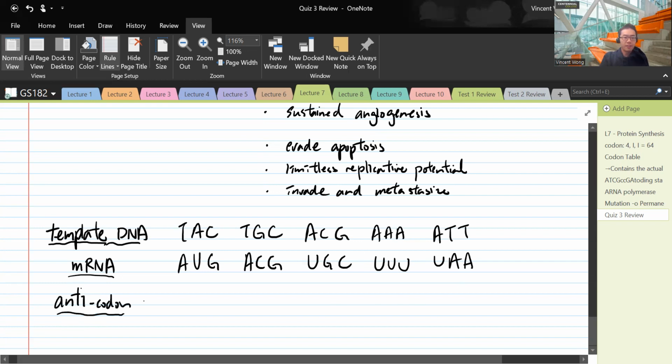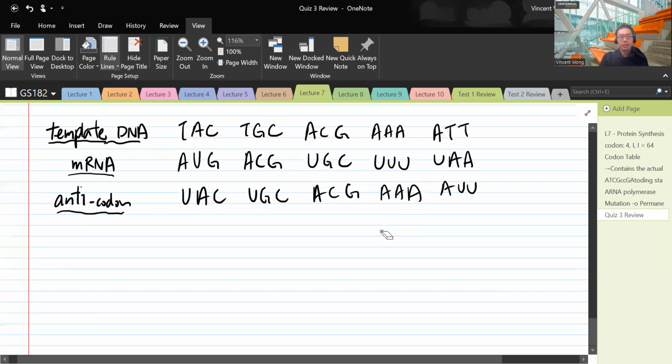That 5-mark question, you also have to know the anti-codon. Yesterday, I stuck the stuff that I made to the whiteboard to show you the relationship between the anti-codon and the mRNA. You should know that they are complementary. So this would be UAC, UAC, UGC, AAA, and AUU. Complementary.